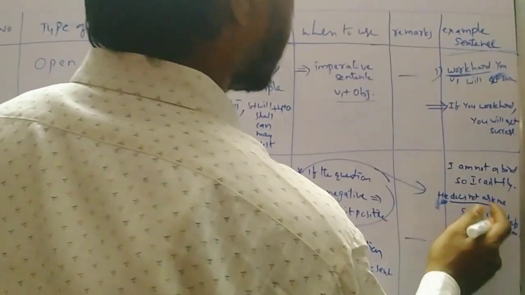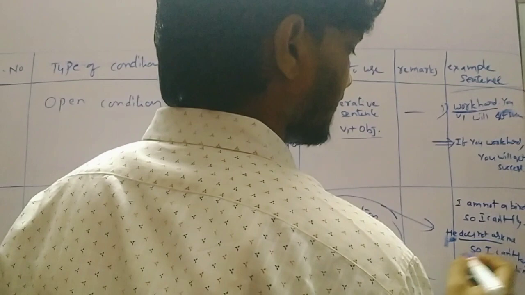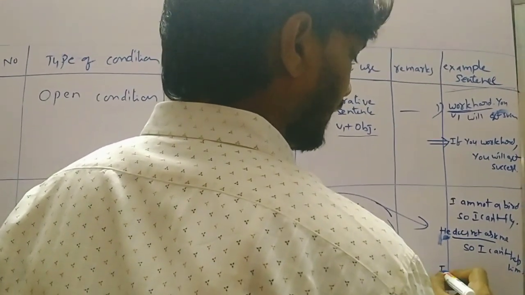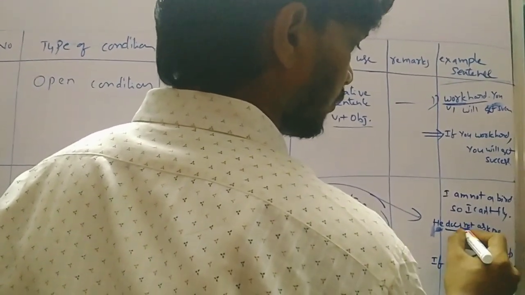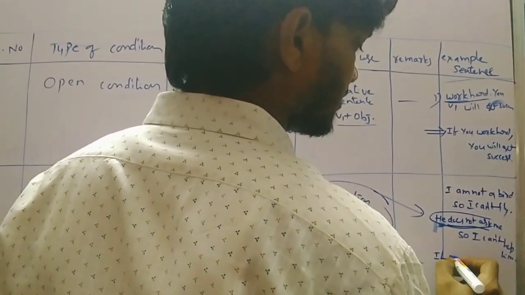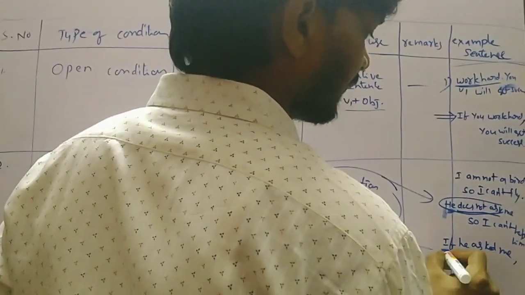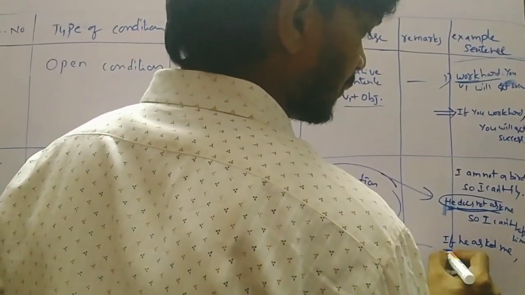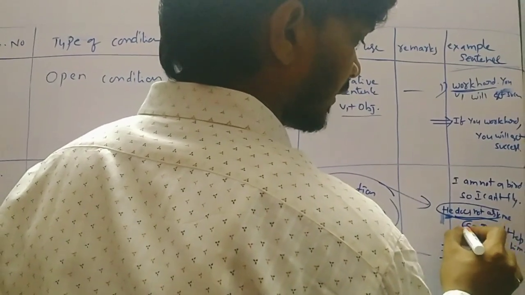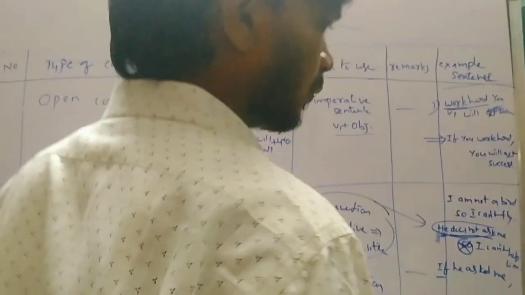So select the second condition, the imaginary condition. See here, if plus past simple tense. Here the sentence is negative, so make it into past. This is a present simple tense, change it into past simple. If he asked me, we write if as a new conjunction and delete the original condition of the sentence in the question.